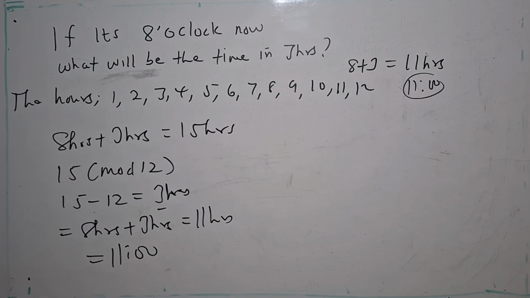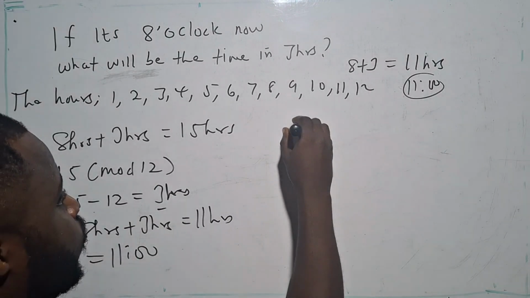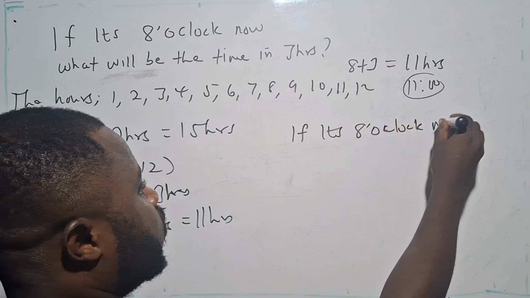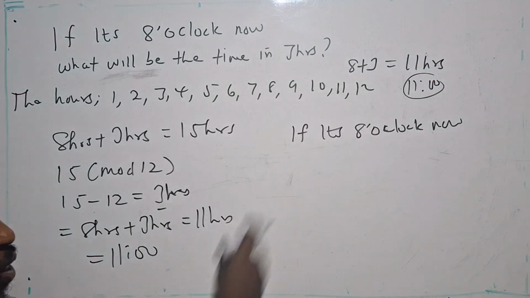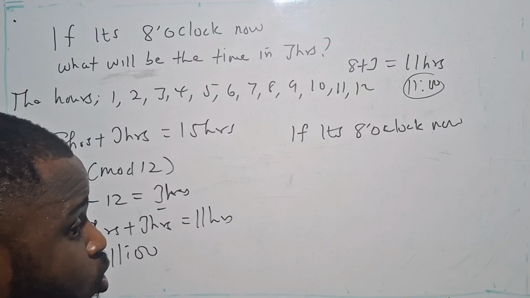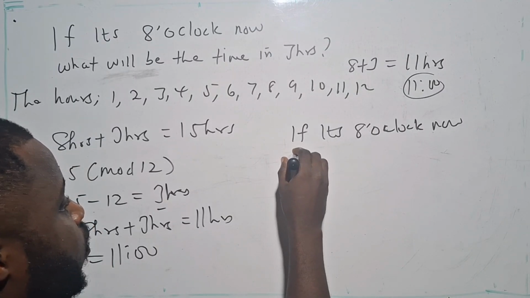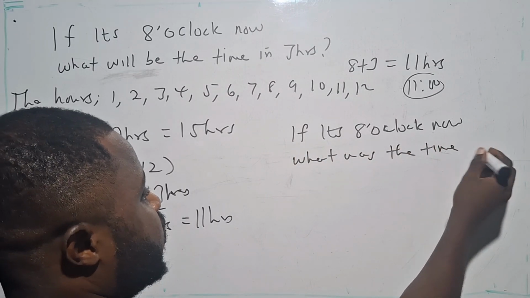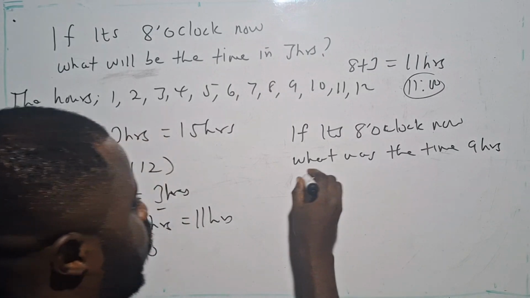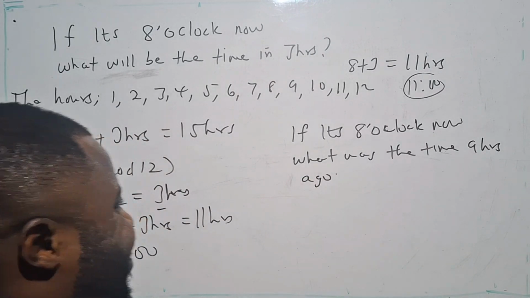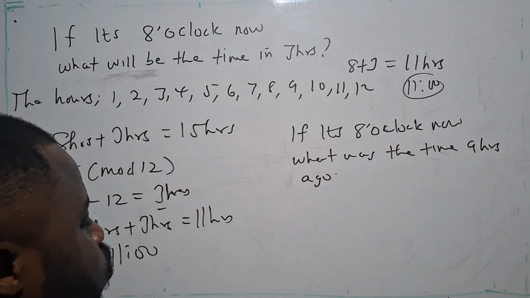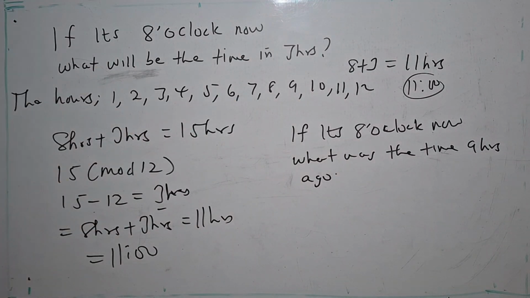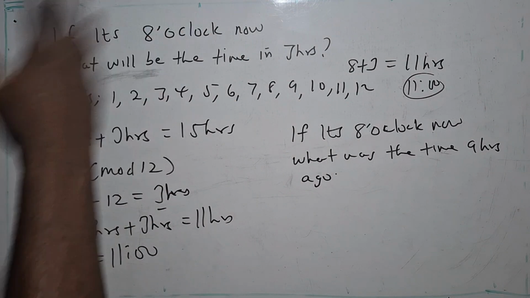Let's say another example. If it is 8 o'clock now, what was the time 9 hours ago? In a typical calculation, we just count backwards 9 hours.